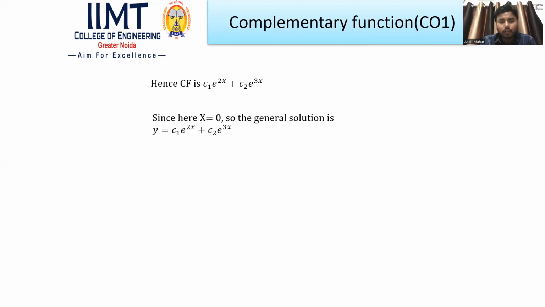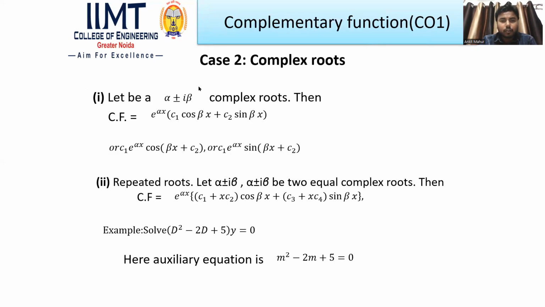Now discuss case second, complex roots. Let α ± iβ be the complex roots, where α and β are both real. Then CF is e^(αx) (C1 cos βx + C2 sin βx). This can also be written as C1 e^(αx) cos βx + C2 e^(αx) sin βx.